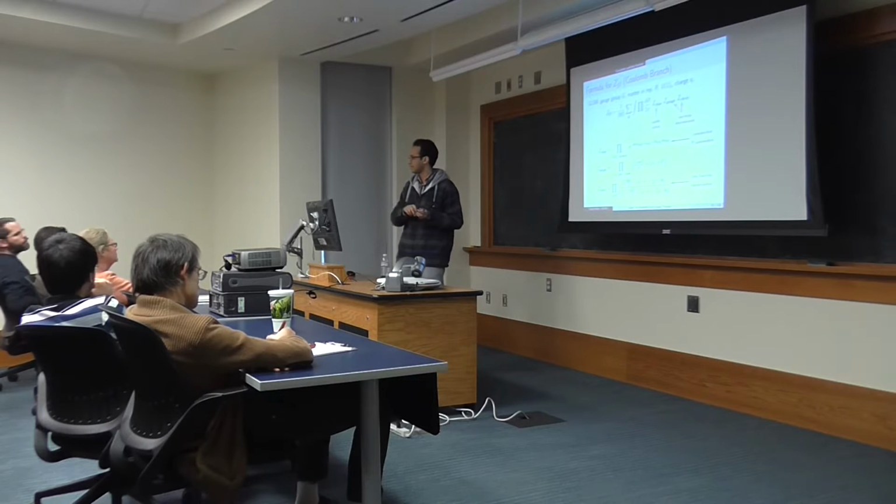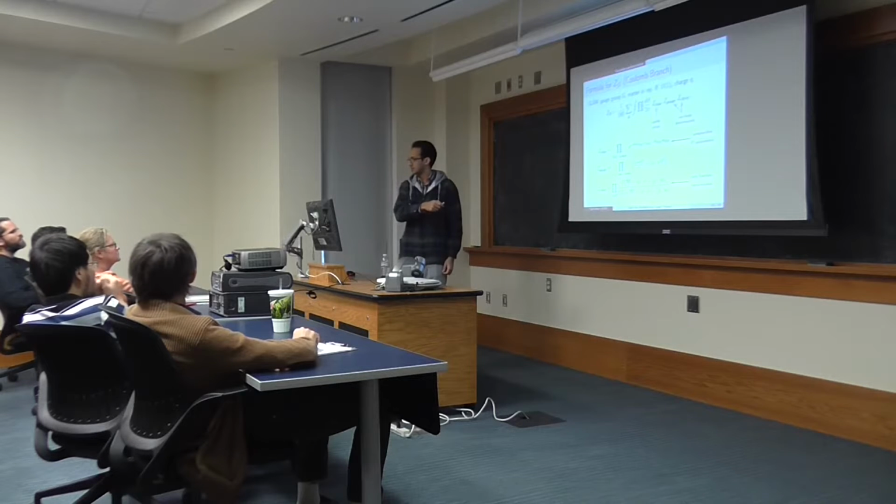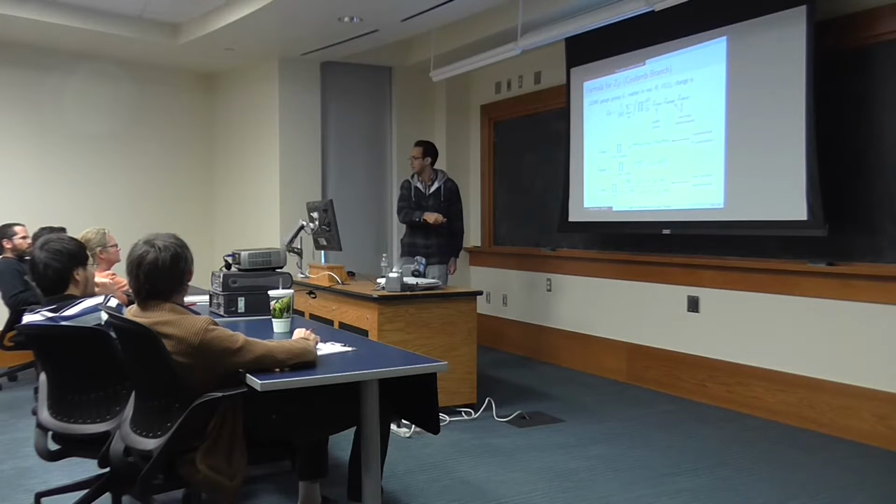Is there a prescription given for what contour you take to do this final integral? Yeah, so there is. I haven't described it here because it's technical, but I'm happy to talk about it. It's related to how you regulate these. Essentially you get something like a product over L, with L going from 0 to infinity.